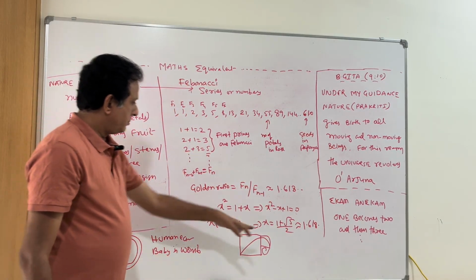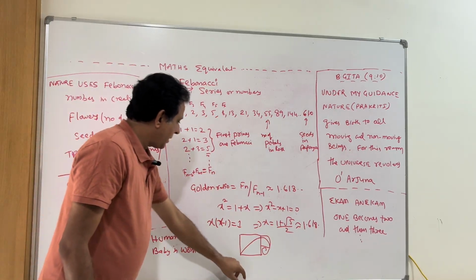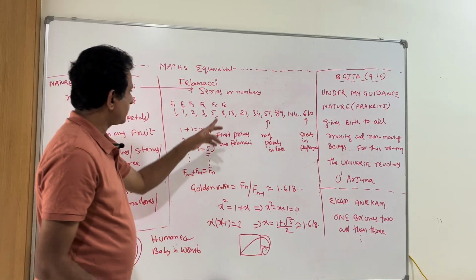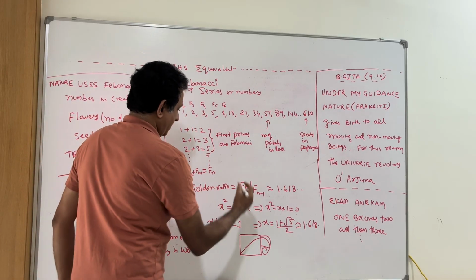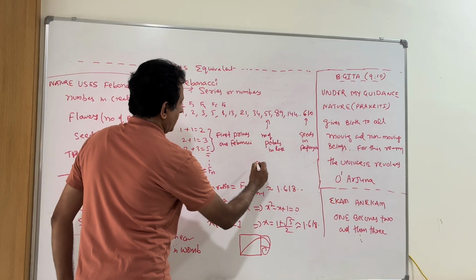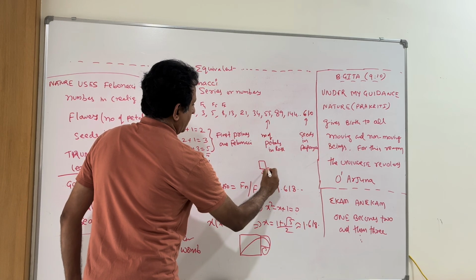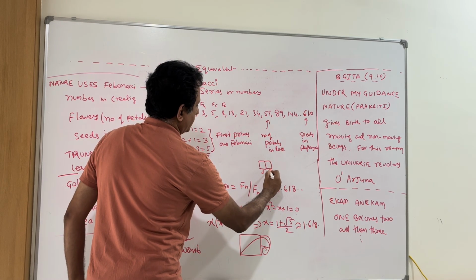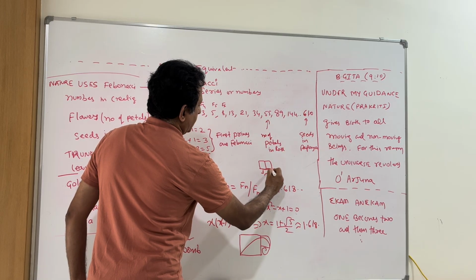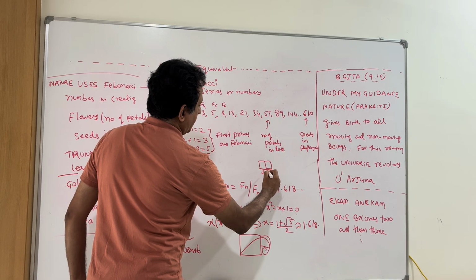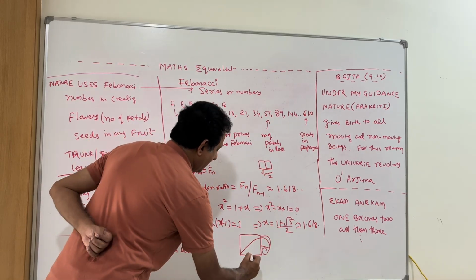All right, so how this and this are related is that you take, for example, 1, then 1 plus 1, this becomes 2. The idea is that this is the higher Fibonacci number.